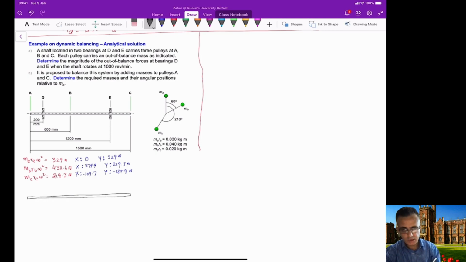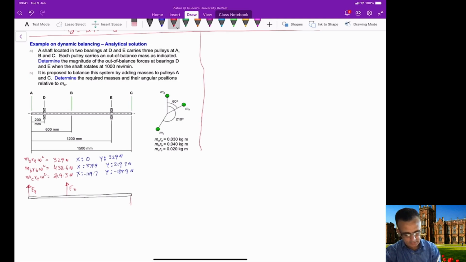You have this shaft, and at location A we have a force in this direction, FA. The FB is in this direction here, and FC is in this direction, as you can see from this figure here.